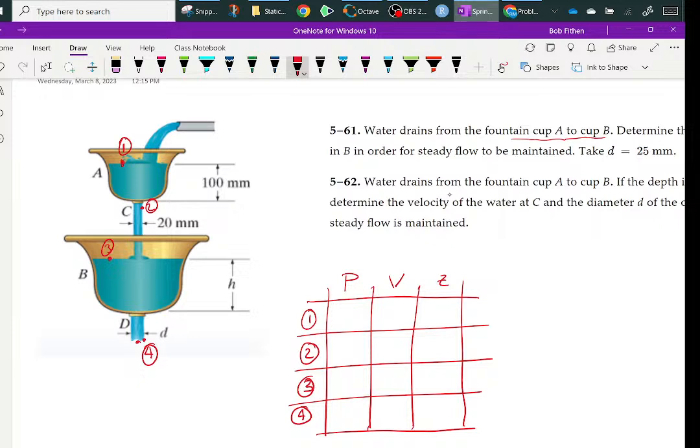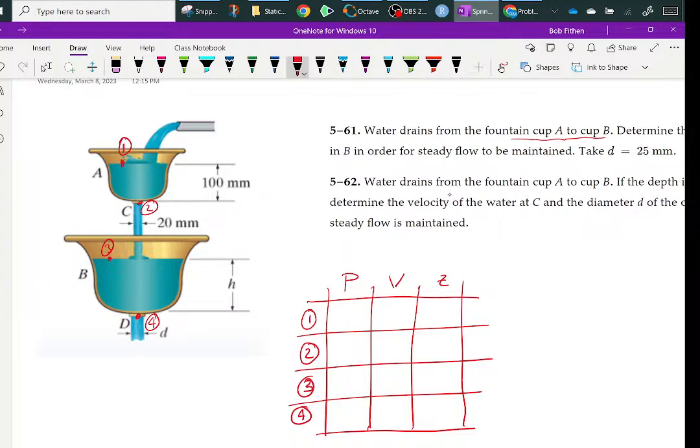So 4 itself and 2, I'm going to say is right at the base. So here, let me move this 4 up and say it's right there. And I'm going to say 2 is right here as well.